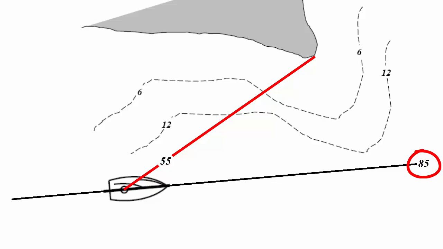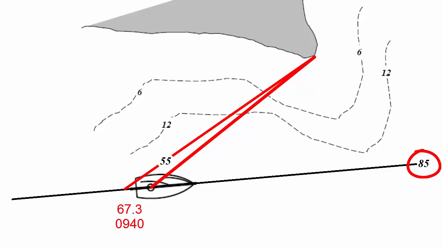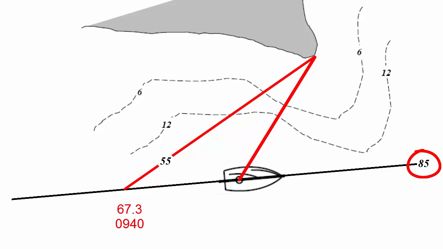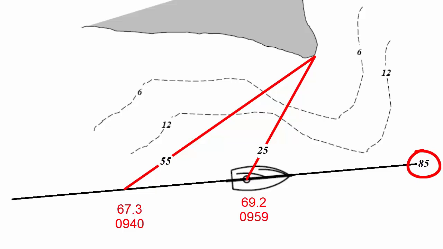Immediately note the distance log reading, 67.3, or the clock time, 0940, needed for calculation of distance run. Continue on course and observe the continuing decrease of the magnetic bearing to the point of land. When it reaches 25 degrees, immediately read the distance log, 69.2, or the clock time, 0959.